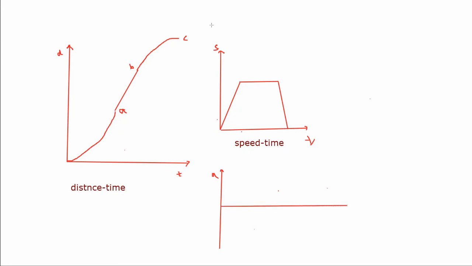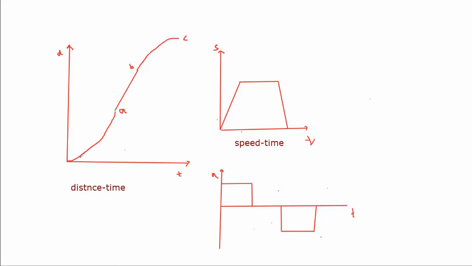So the acceleration time graph would be like this. You only have to get an idea of how the distance time graph or speed time graph works. So I'm going to explain it a little bit in detail, so that this should be the last example for this lecture.